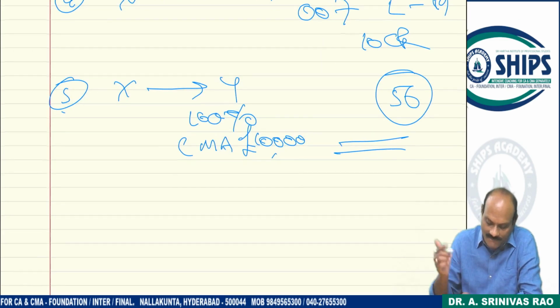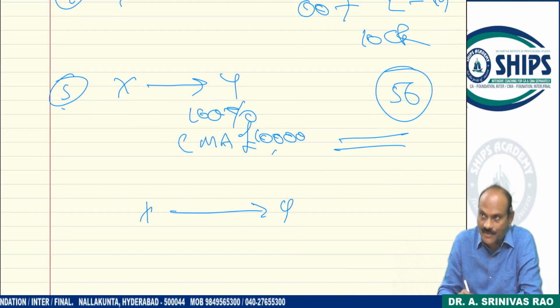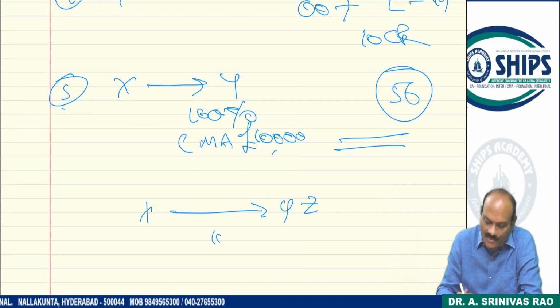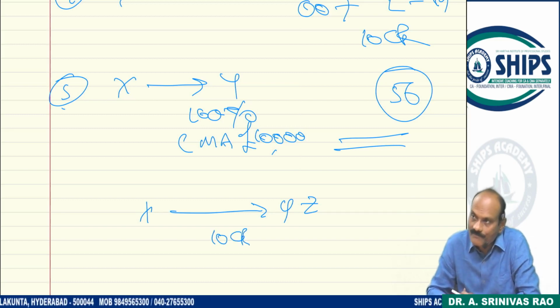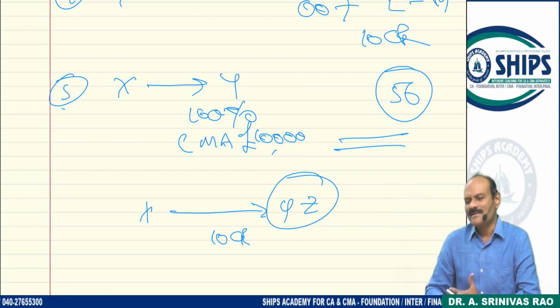You tell me, guys. X made a proposal to Y. Mr. Y, if you marry Z, I will give rupees 10 crores. Y said yes. They are into an agreement. At the time of marriage, Y got excited.